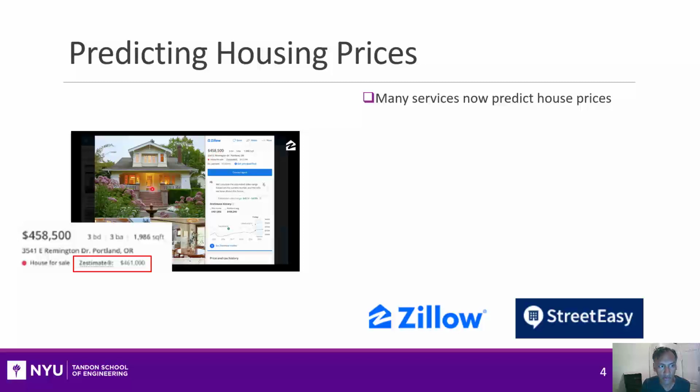This is a beautiful house in Portland, Oregon, and the seller is selling it for $458,000. But if you zoom down, there's also a number this website gives you called a Zestimate, and it says that the actual market value for this house is $461,000. So Zillow thinks that this is a pretty fair price, and it actually tracks the estimated value over time.